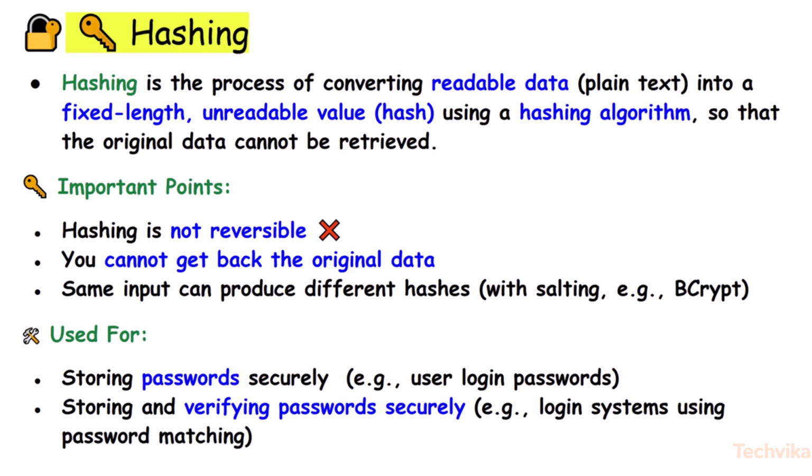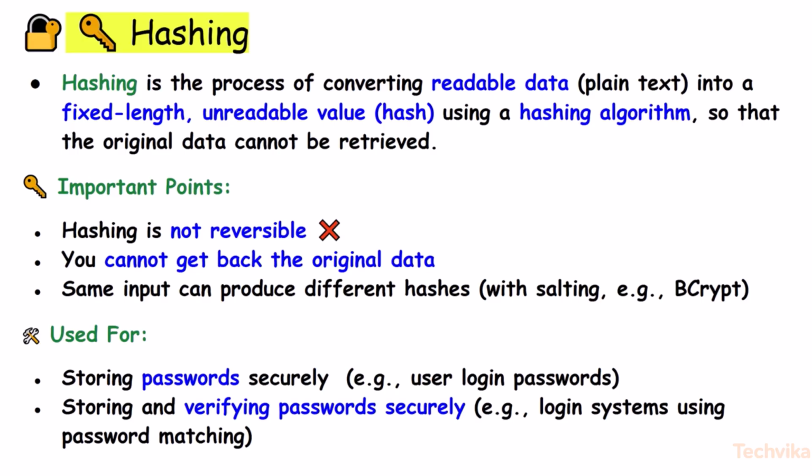Hash is different, encryption is different. Using a hashing algorithm so that original data cannot be retrieved. Very important. So hashing is not reversible, but encryption is reversible if you have the same key available. But hashing is not reversible. You cannot get back the original data.